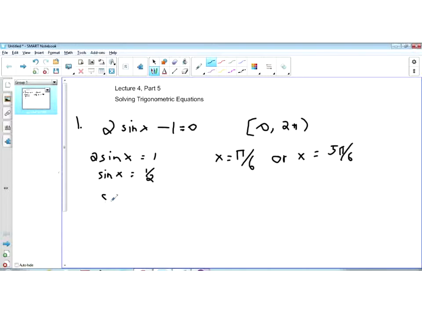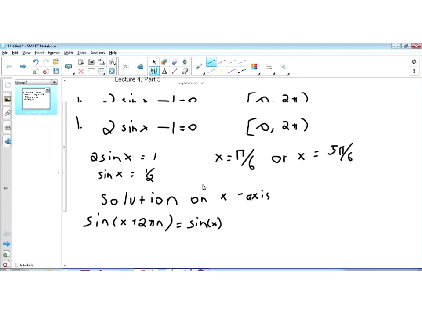So what about the solution on the entire x-axis? Now, we know that the sine function exists everywhere on the x-axis. And we also know that the sine function is periodic with period 2 pi. So we know this to be the case, where n is an integer.